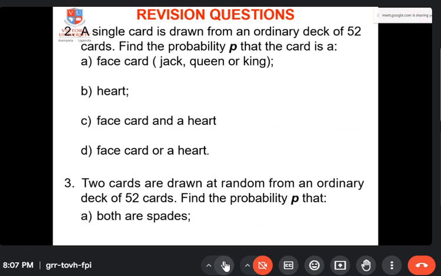What is the probability that both are spades? No, it is not as simple as that.